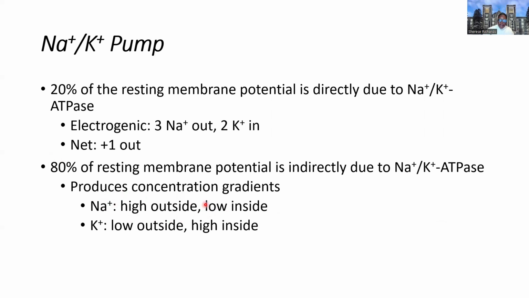Because we're pumping more of that out, there is a lower concentration inside the cell. So indirectly, the sodium potassium pump is also contributing to a more negative environment inside the cell, okay? Because we're creating a gradient. Same thing for potassium. We're pumping potassium in. So now potassium is at a higher concentration inside the cell, and a lower concentration outside the cell as well.